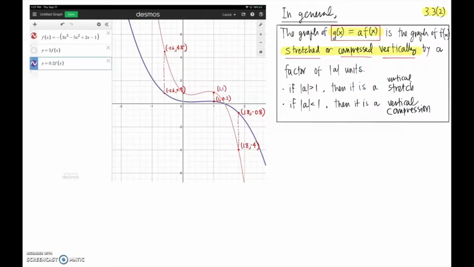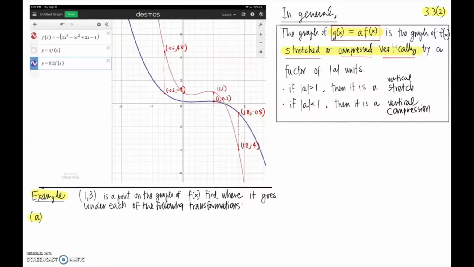So we now add these to our catalog of transformations of functions. We've seen rigid shifts up, down, left, right. We've seen reflections across vertical and horizontal axes. And now we see vertical stretches and compressions.